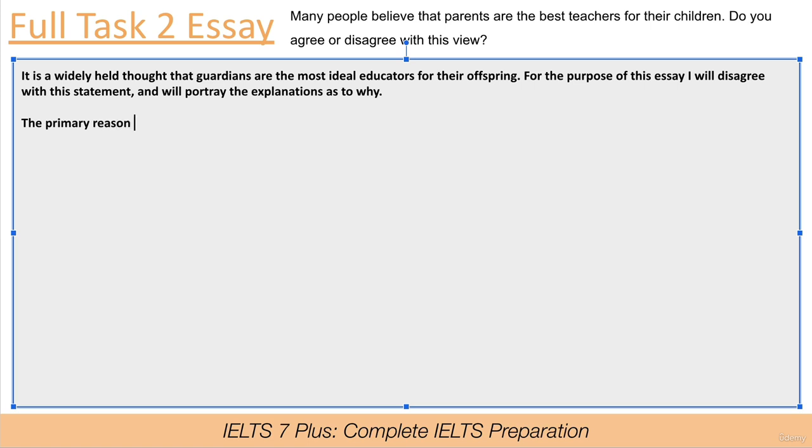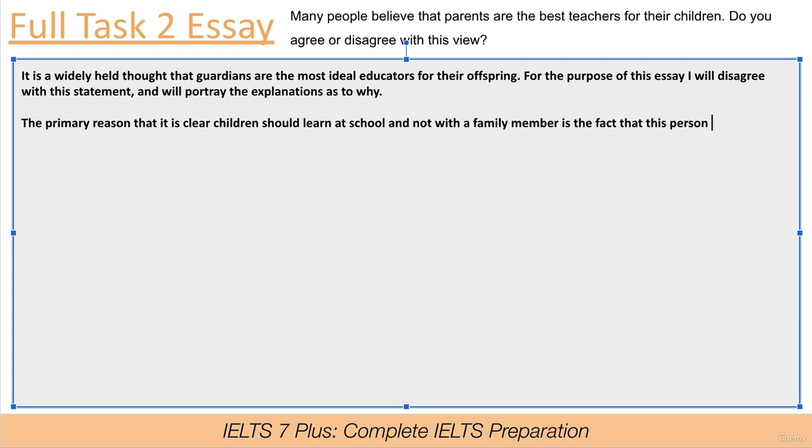So the primary reason that it is clear children, or it's okay to use children as long as we're not repeating ourselves too much, should learn at school away and not with a family member is the fact that this person might not be suitable for this responsibility.